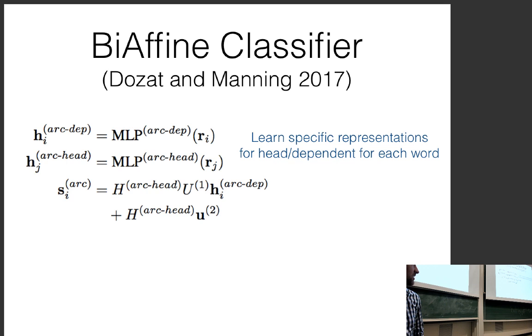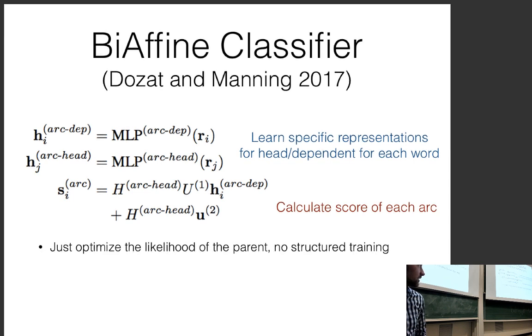And then based on this, you take the dependent representation, a matrix here that does a linear transform of the dependent representation, and calculate the score of each arc for each dependent. And then you also take the representation of the head and multiply it by a vector here.